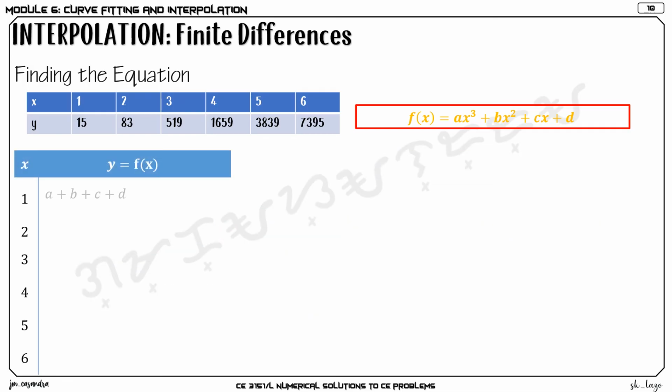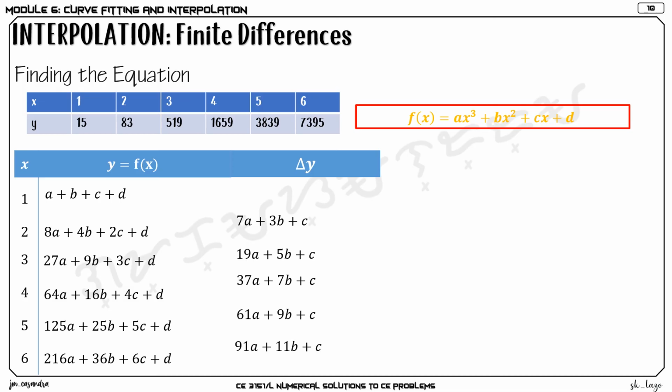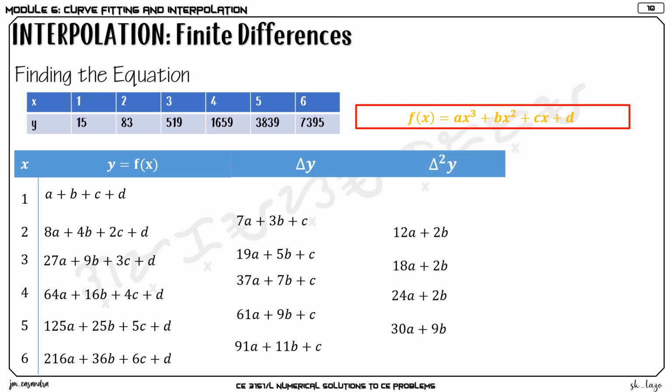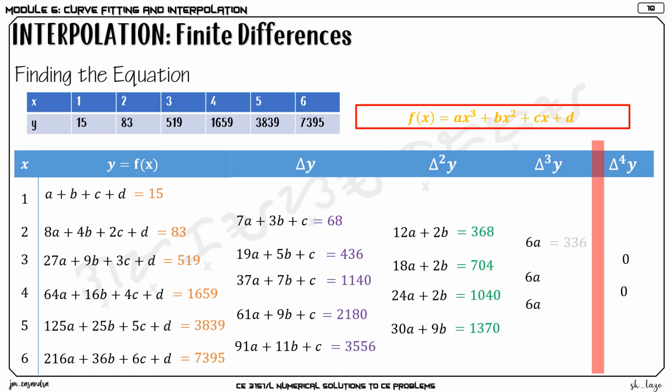Overlapping the equations that we have derived from the previous slides, we get the following terms. And overlapping this with the values that we have solved in the first step, we get the following equations for each value of y and delta y.